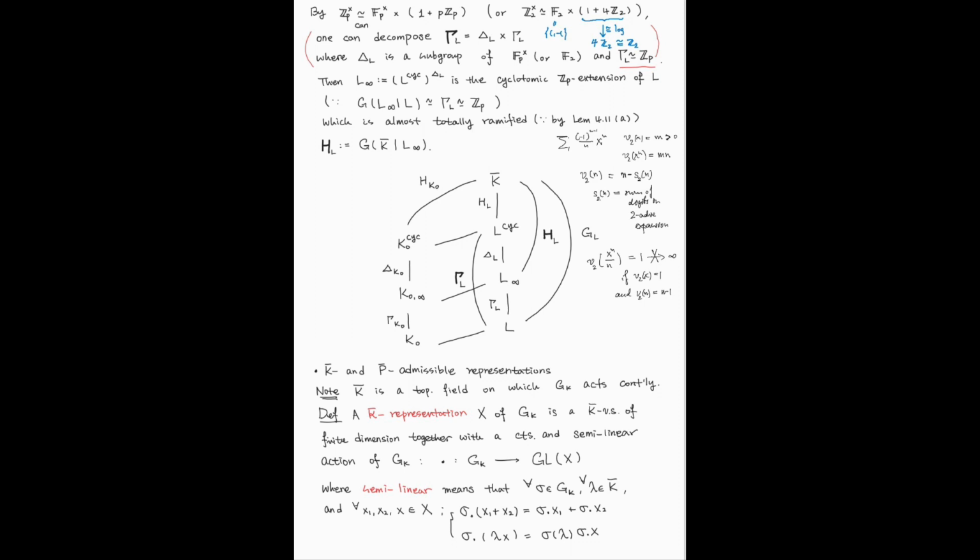But I wonder how one can decompose like this. Okay, let me see. Is it because 1 plus pZ_p is isomorphic to Z_p? Yes. I see. Or in the case p equals 2, 1 plus 4Z_2 is isomorphic, right?